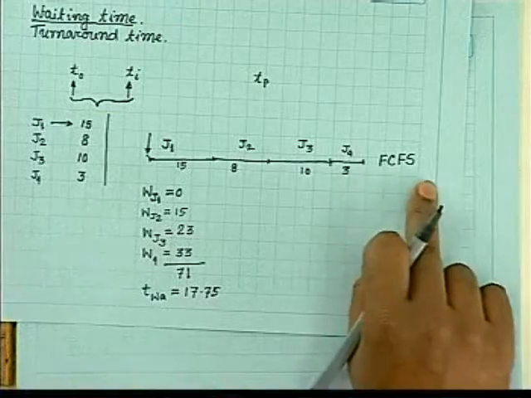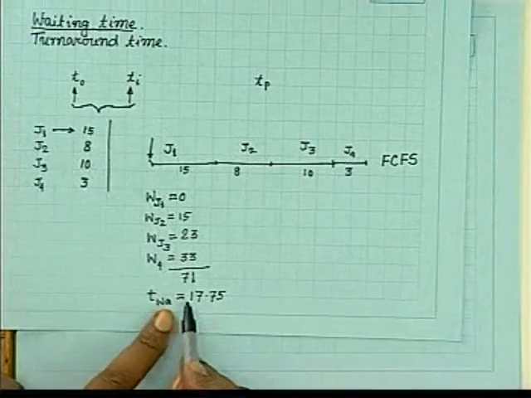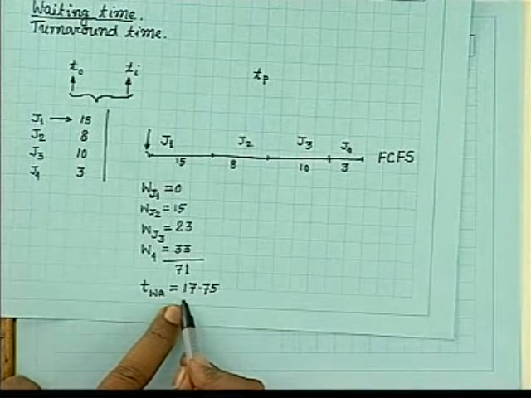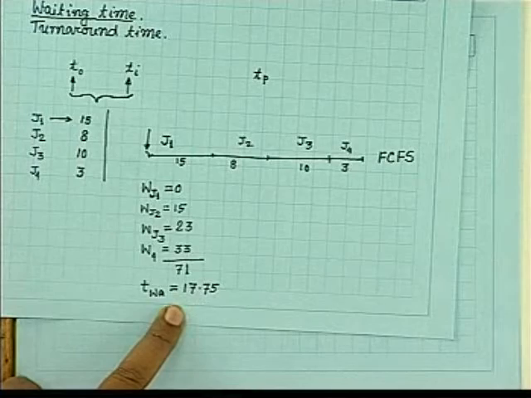So you find that just by changing the order, in the first case we had taken the simplest approach, that is first come first served scheduling. That is, the job which has arrived first is served first, and the job that has arrived last is served last. Going by that simplest kind of scheduling, our average waiting time was 17.75 time units.